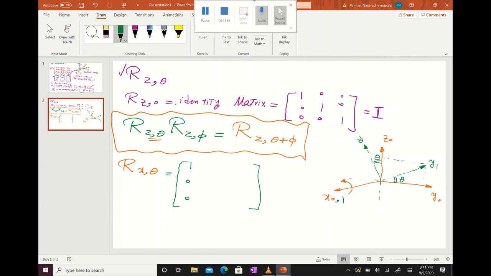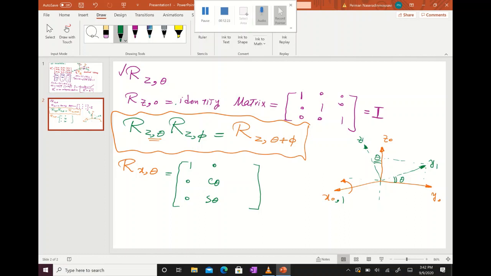It's going to be 0 on the x, cosine of theta, and sine of theta, because y is normal to x naught, so it has no projection.